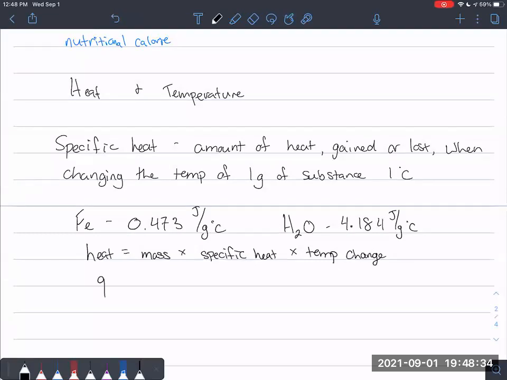Heat has the symbol Q. This is equal to m times, we use what in this class? Doesn't specify. So we use C, m c times delta T.